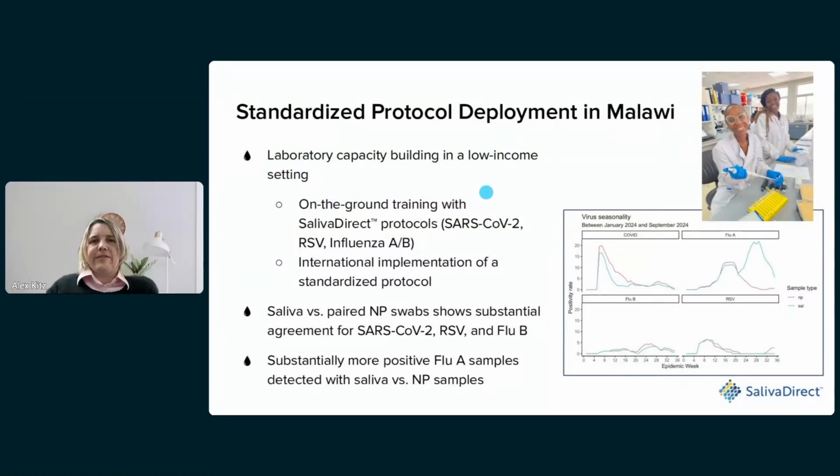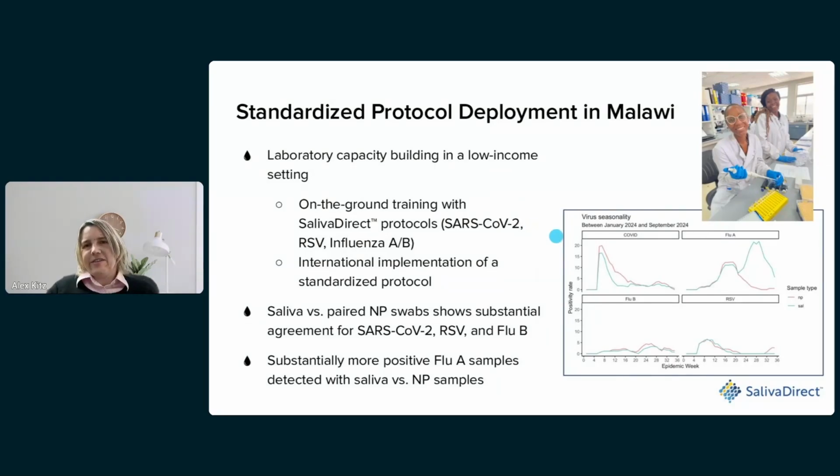This is an example of one of these projects where we have an international implementation of a standardized protocol. In this case, it's with a partnership in Malawi. Lab technicians there were trained in executing a respiratory protocol. It's a multiplex protocol detecting SARS-CoV-2, RSV, influenza A and B in a saliva sample.